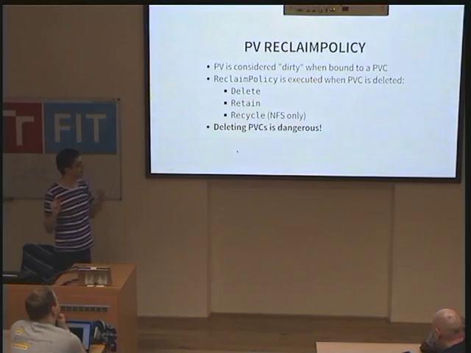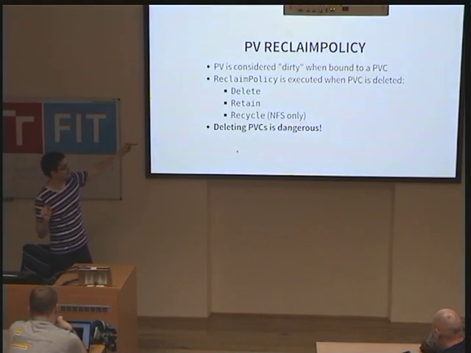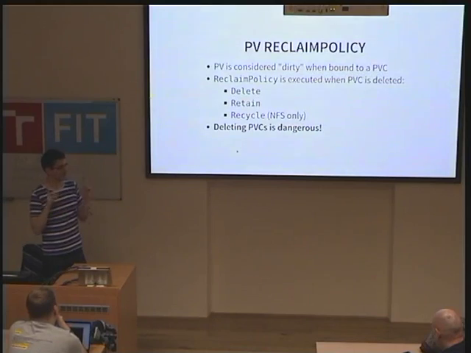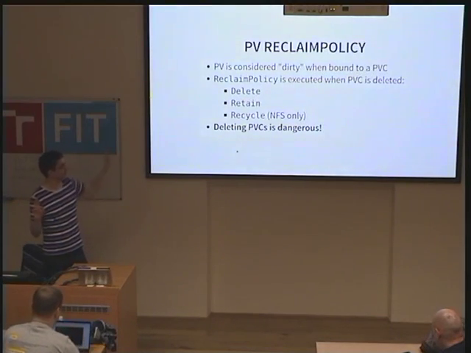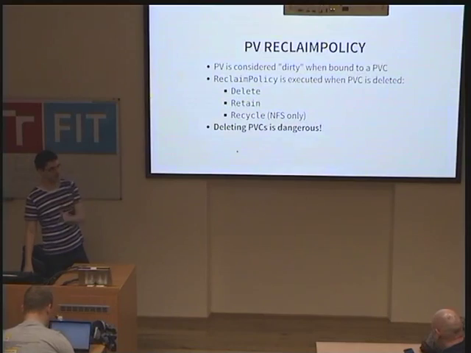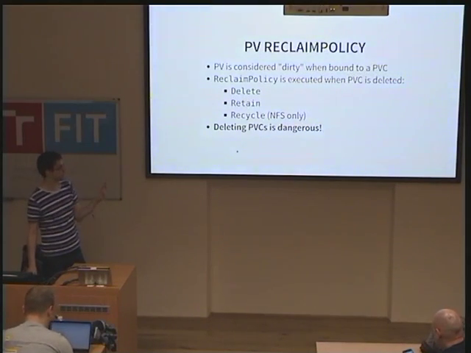With the retain policy, you can actually get the data back. With delete or recycle policy, you won't get the data back. If the user says, I don't need the data anymore, we either delete the volume completely, or we delete all the data on the volume and make the volume available back to any user.